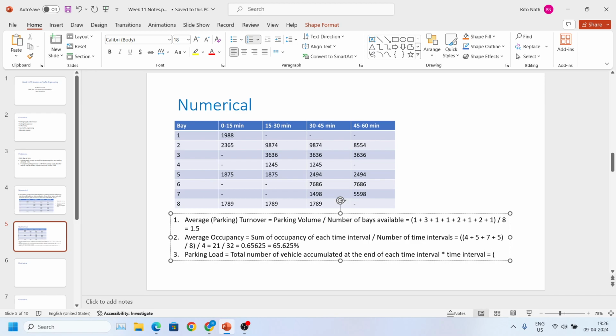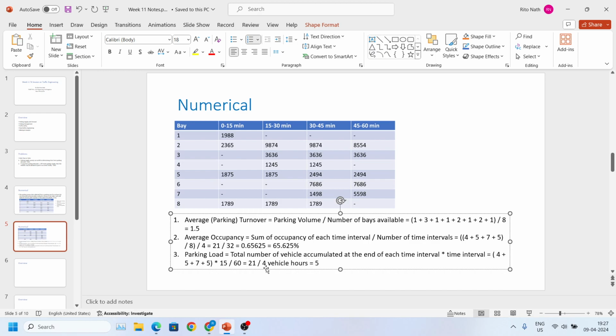So you can write it as 4 plus 5 plus 7 plus 5, multiplied by 15 minutes, and you have to convert it into hours, so you are dividing it by 60. Which is 4 plus 5, 9 plus 7, 16 plus 5, 21, divided by 4. So this will be your vehicle hours.